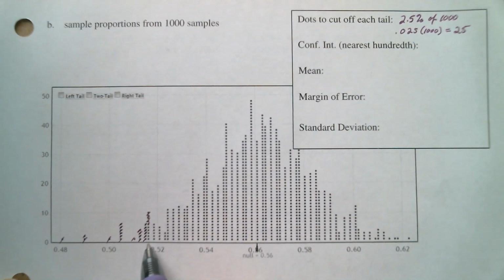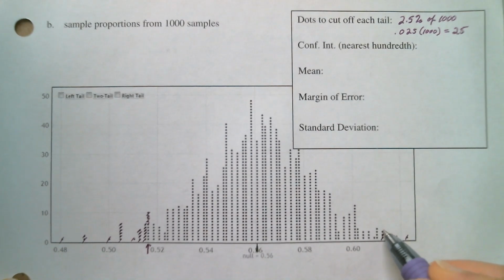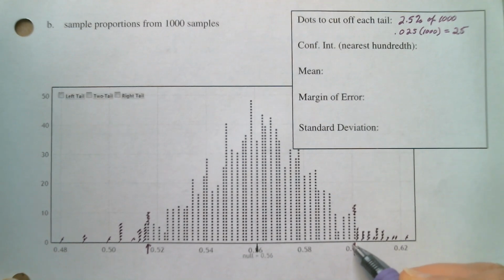Okay, so I'm here. And then crossing off 25 from the right tail. And here.